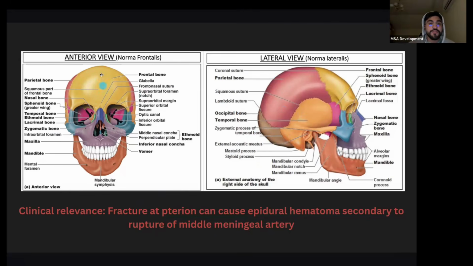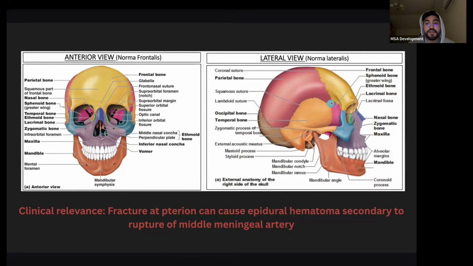So as you can see, this is your frontal bone, and then you'll have your sphenoid bone, your temporal bone, your parietal bone as well. And see here, an area where all these bones meet is called the pterion. All right. So here, this is the area where they all meet.